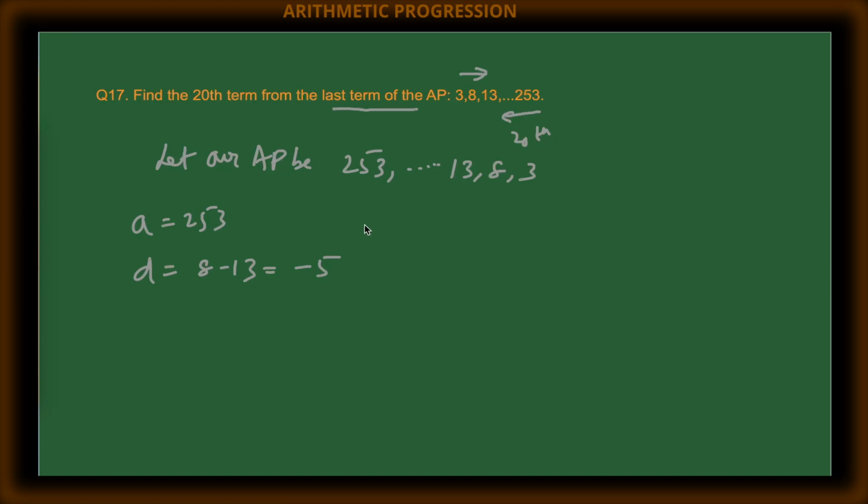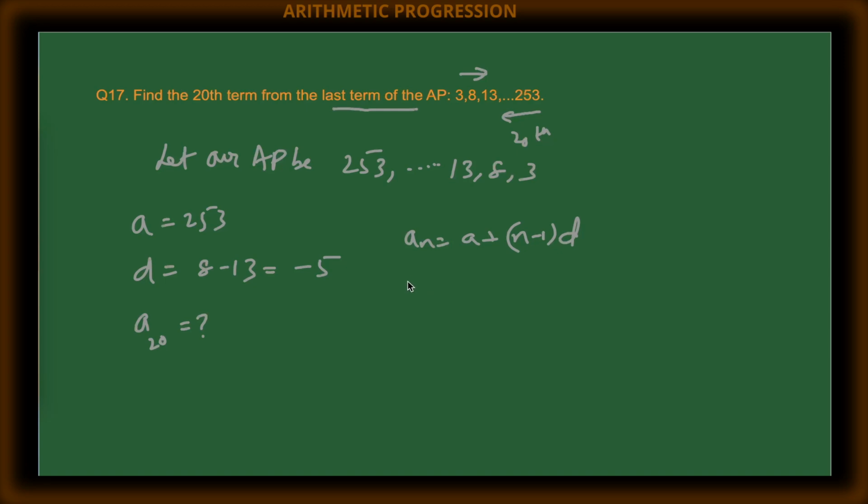Okay, so the question here being asked is the 20th term we need to find. How can you find? What are the things we can use? The nth term formula: an is equal to a plus (n minus 1) into d.